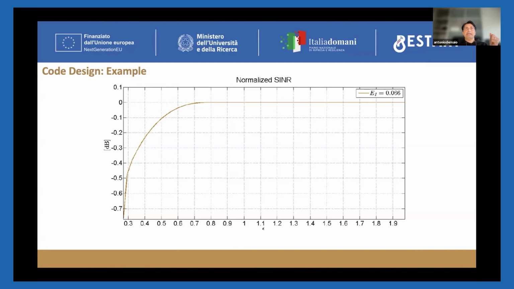In fact, as epsilon increases, we have higher and higher degrees of freedom in our optimization problem. And when the parameter epsilon is large enough, in our case epsilon in the order of 0.7, the upper bound performance of 1 for the normalized SINR is achieved.